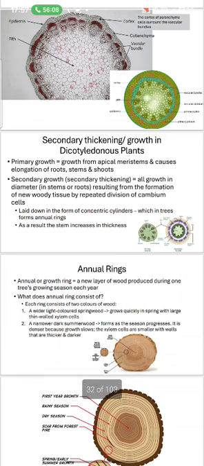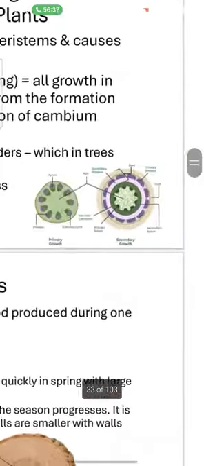Secondary growth, which is secondary thickening, is all growth in diameter in stems or roots resulting from the formation of new woody tissue by repeated division of cambium cells, laid down in the form of concentric cylinders, which in trees form annual rings. As a result, the stem increases in thickness.